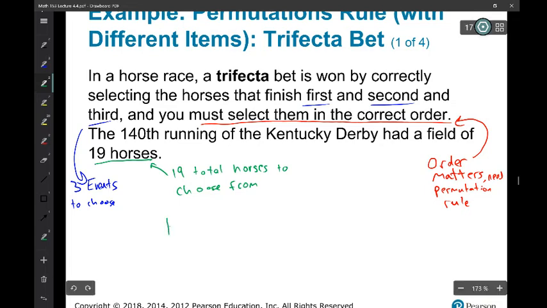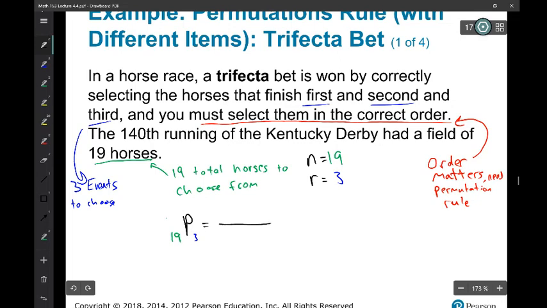So here N is equal to 19, and the number of things that we're selecting, R, is equal to 3. So it's the number of permutations of 3 things from a set of 19 things.